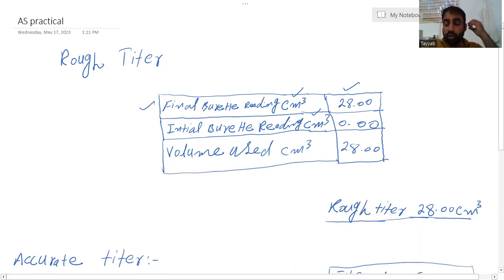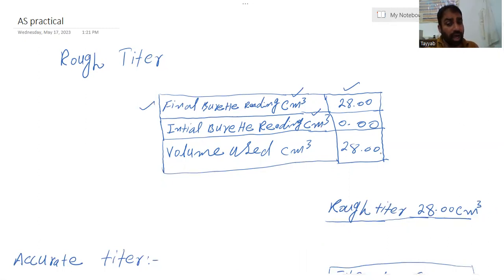During the accurate titer, your burette handling should be precautionary after 22, 21 or 20 centimeter cube. Till 20 centimeter cube, you may go fast. Your running of the burette should be fast to save your time. This is the purpose of the rough titer.